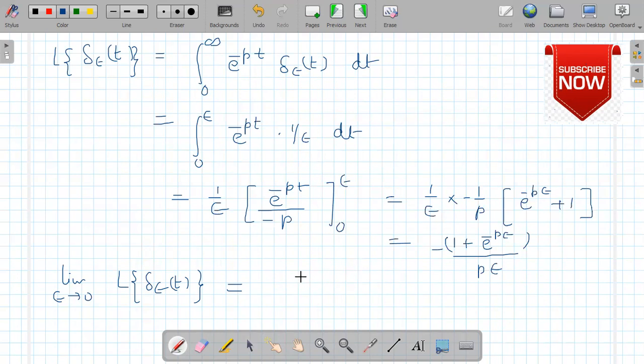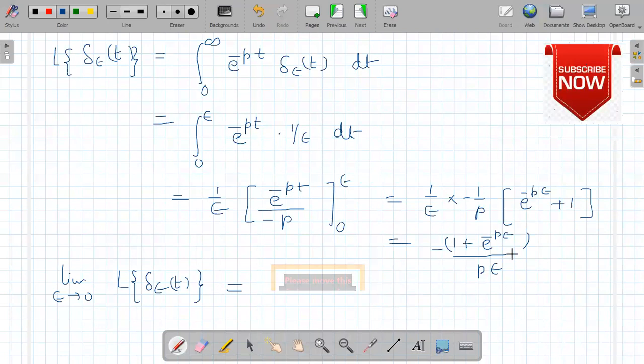You can see that when you put epsilon 0 here, this will be 0, and this is 1 plus 0 is 1 upon 0 is infinity here. So how to find the limit of this expression? Actually, I have noted that I have missed a negative sign here, so let me make a correction.